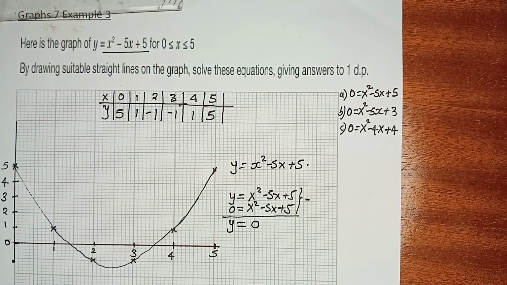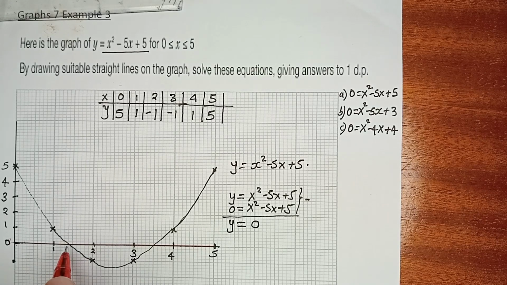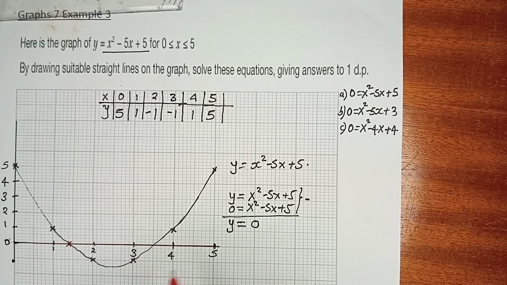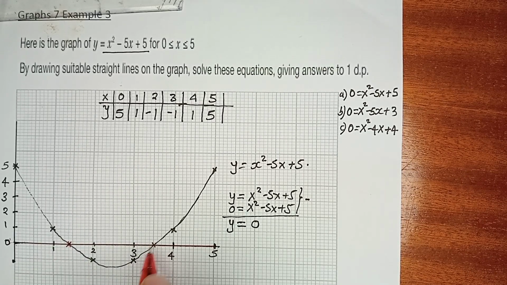Our new graph cuts the original graph at that particular point, and it also intersects there. You can already see that the points of intersection will give us the values of x.